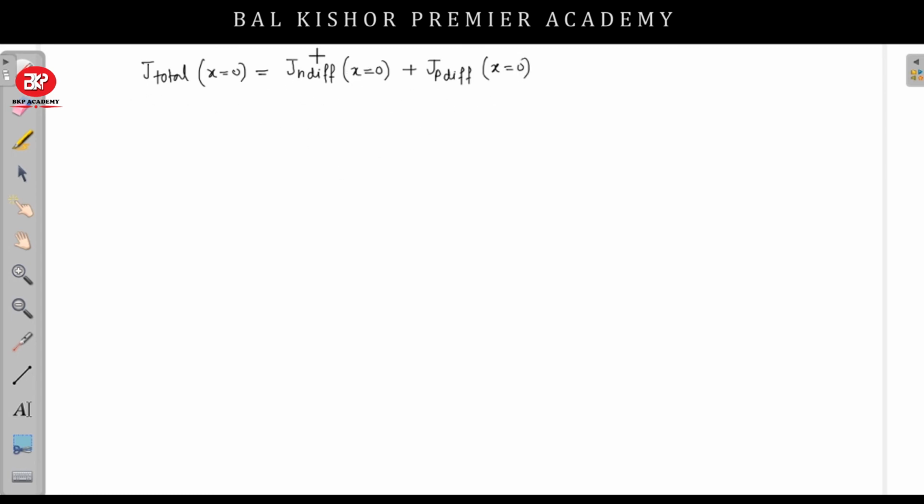So we have to find this one separately, and we have to find separately for the holes, then we have to add them. So let us find the Jn diffusion first.